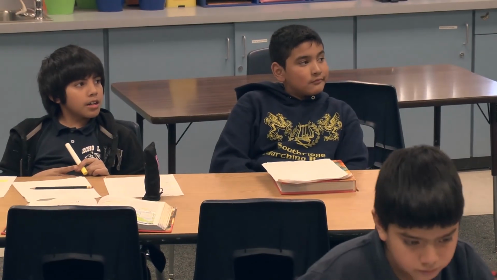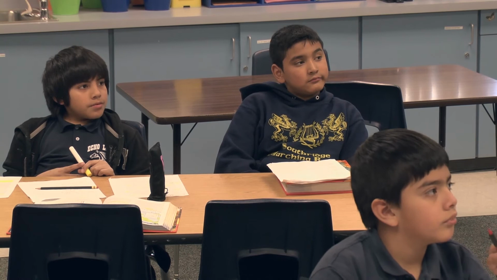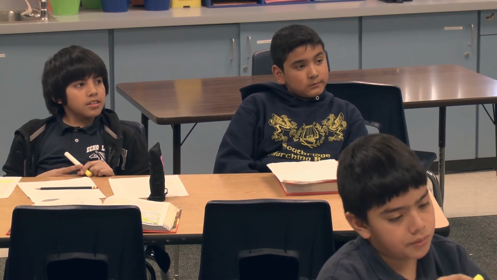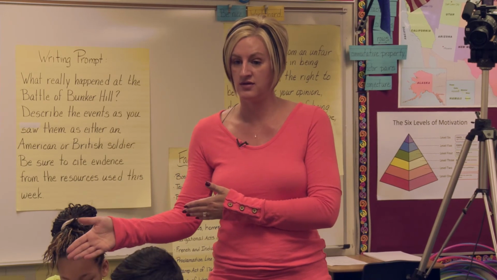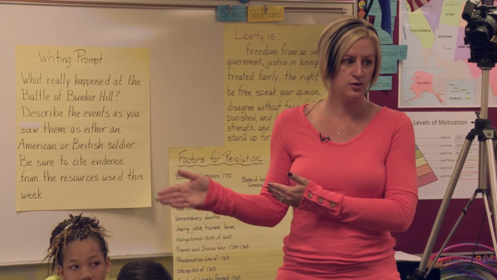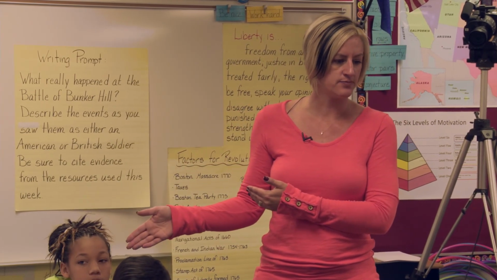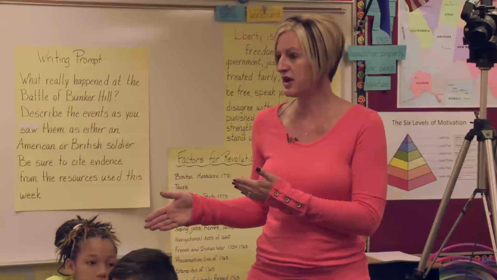But they weren't the ones that were outnumbered. The Americans were. Who was outnumbered? The Americans. And from that paragraph alone, we should be able to figure out whose perspective this document is from. British. It's definitely a British perspective.